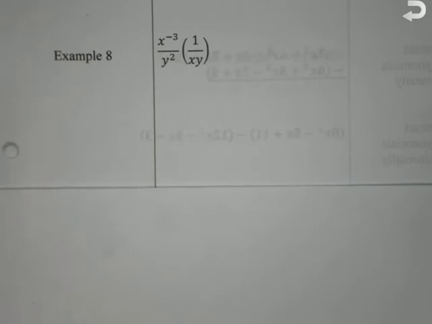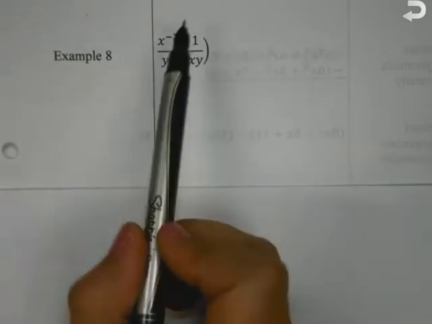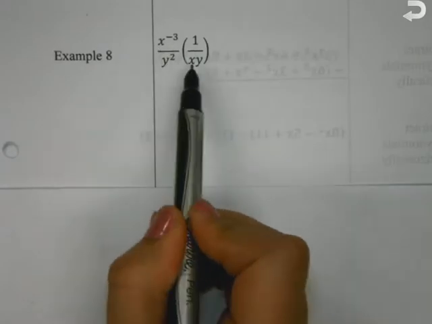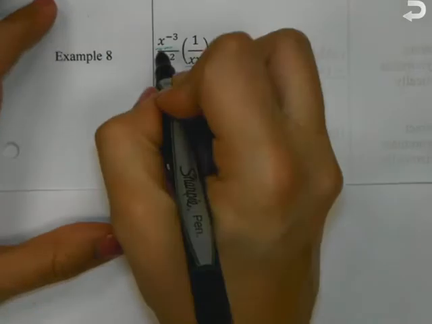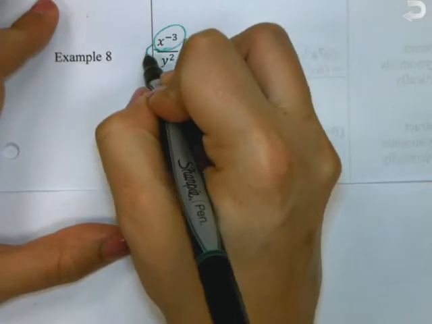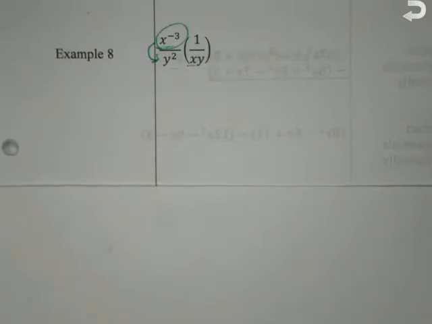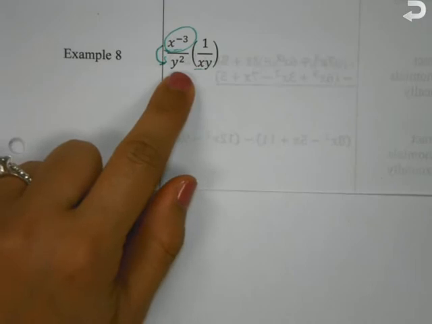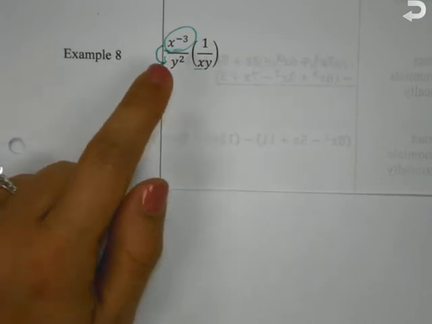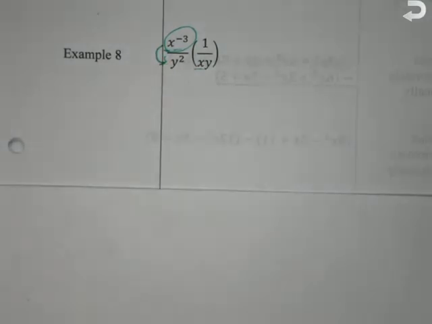So let's take that negative, and that negative has to move downstairs. Does the y squared have to go anywhere? No, it's positive, so it gets to stay. Okay, only the ones with negative exponents have to move. So this becomes 1 over x to the 3rd y squared times 1 over xy.